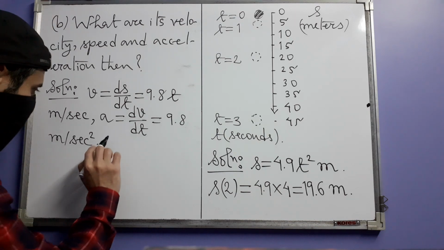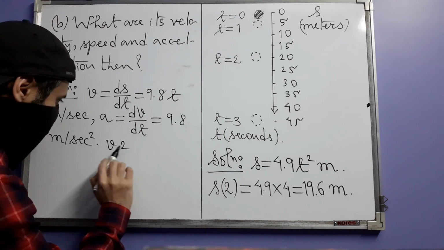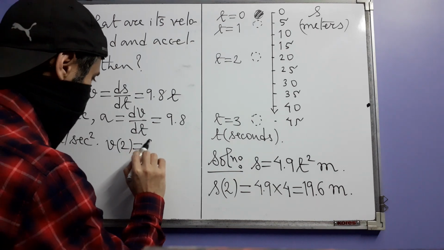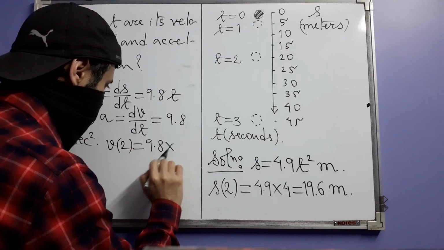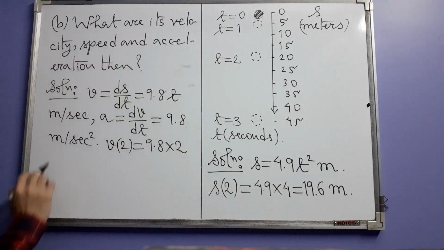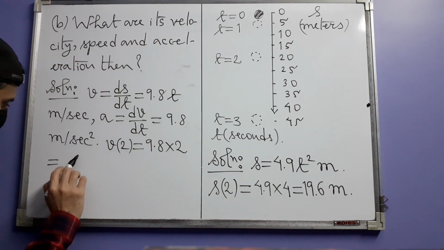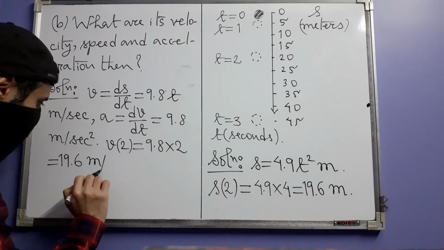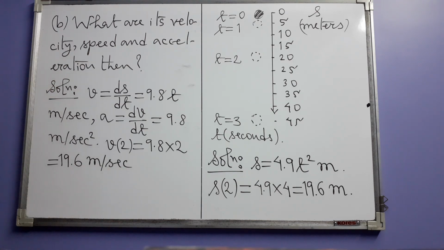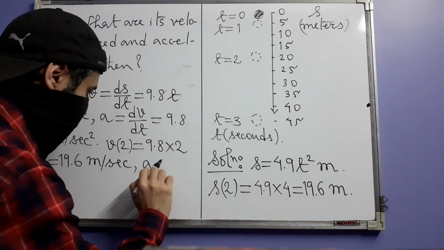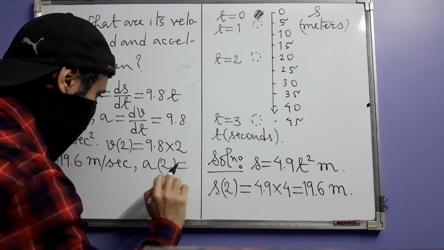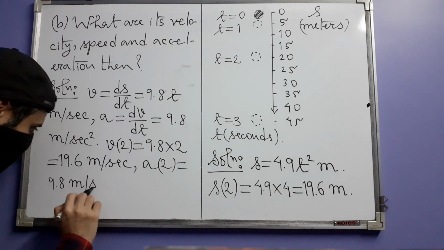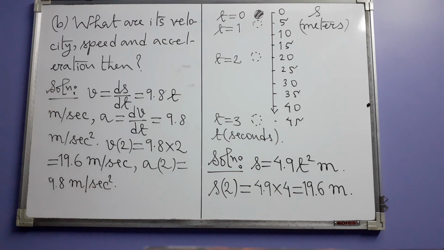So in particular, the velocity when t is 2 seconds is going to be 9.8 times 2, that is 19.6 meter per second, and acceleration when t is 2 is just 9.8 meter per second squared.